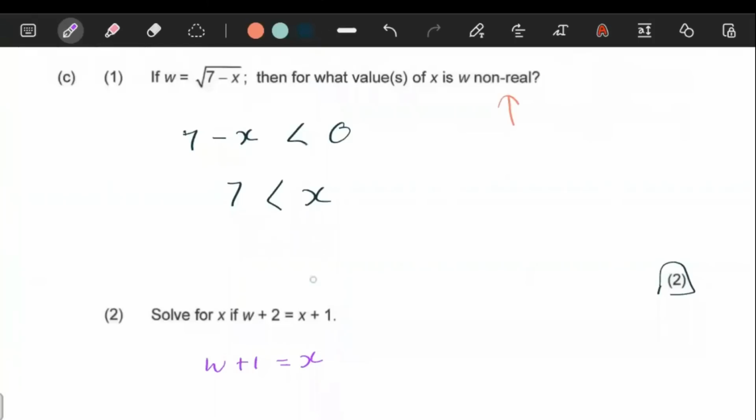The funny thing here is, with the previous question and this question, you can almost think to yourself, there has to be some kind of a relationship, because if x is bigger than 7, then w will be non-real. Here they're saying solve for x if w plus 2 is equal to x plus 1.